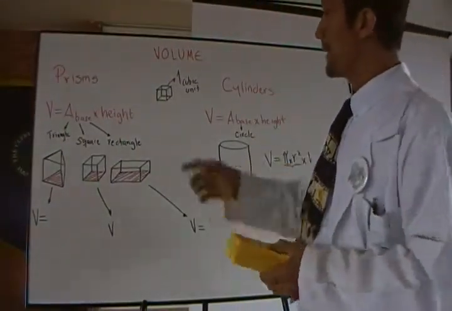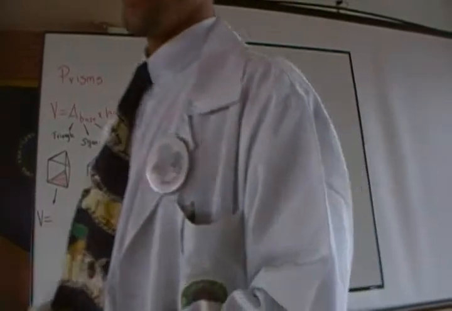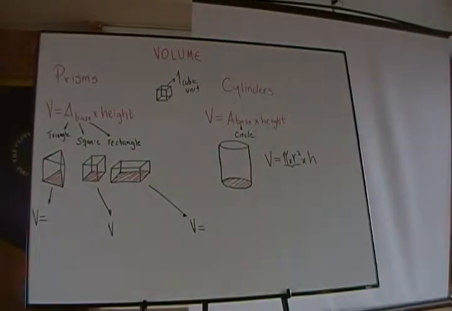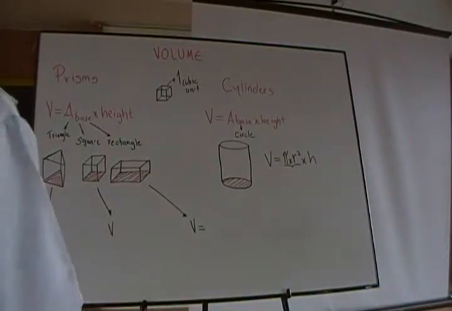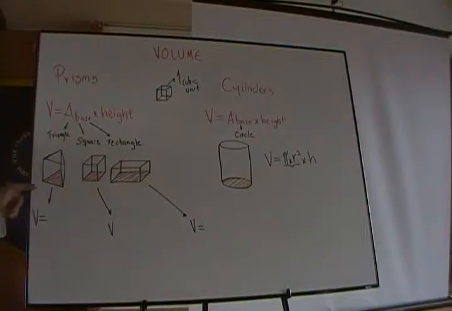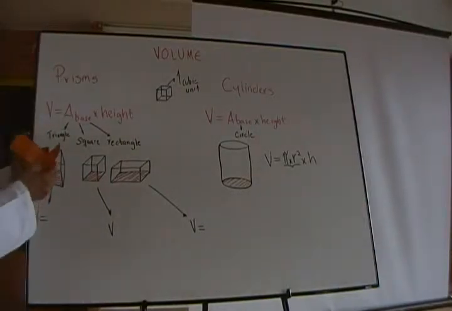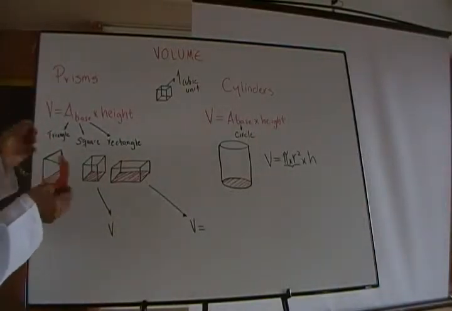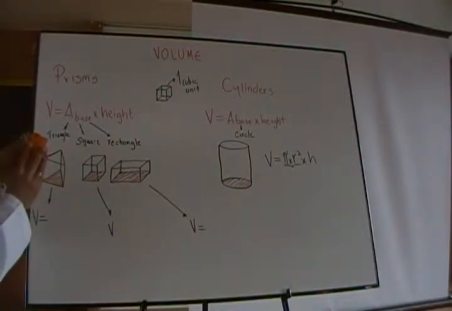Okay? So if we talk about prisms, remember in class we completed some prisms and we made the nets of some prisms. So to consider the volume of a prism, we're going to consider the area of the base. In this case, since this is a triangular prism, the base is a triangle.